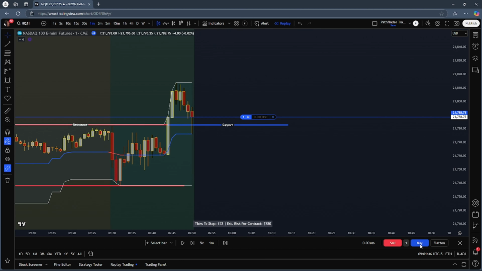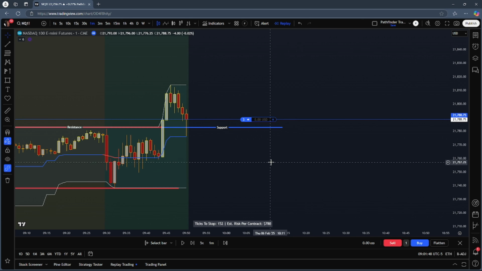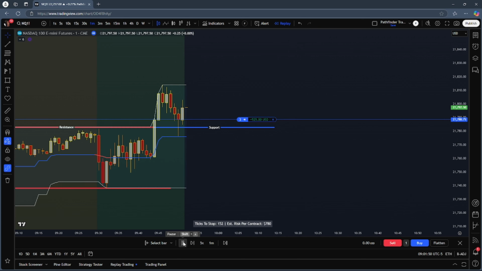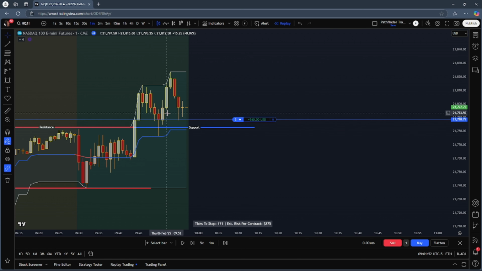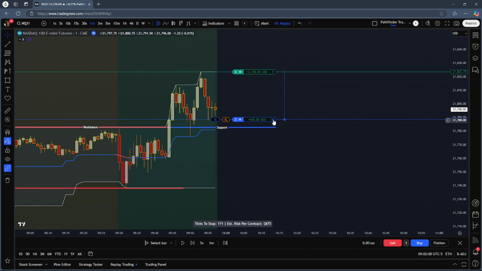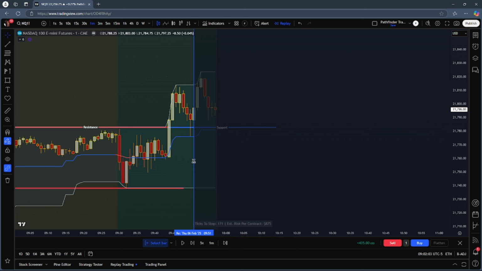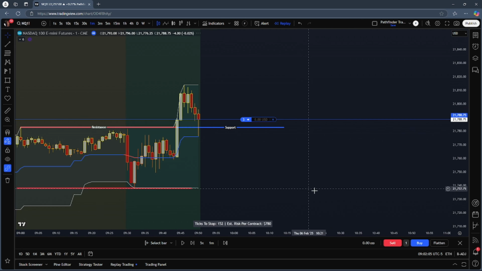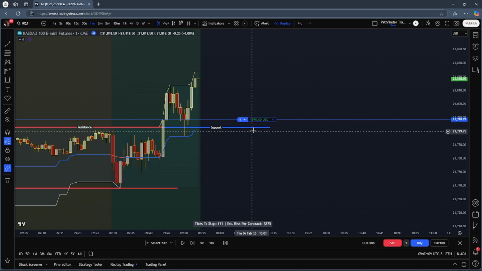Okay, let's juice this up a few contracts. Hit this for 3 contracts. And the market pushes up here at the height. That was $2,000. Okay, for 3 contracts. If you took 1 contract, $695, $700.